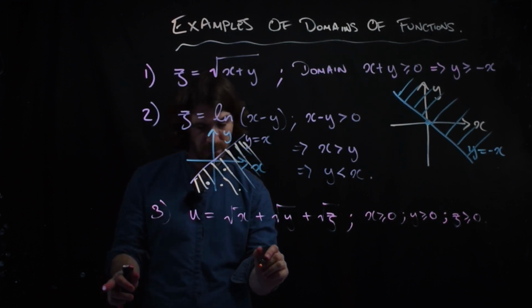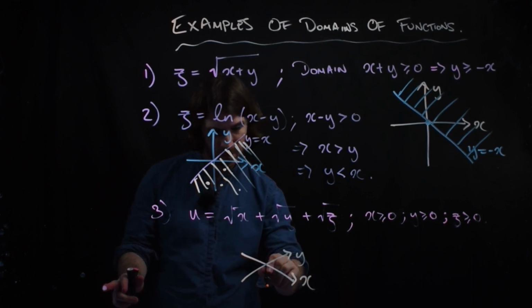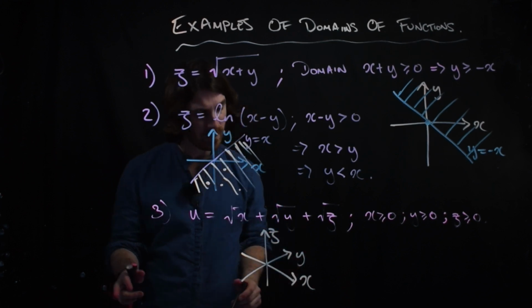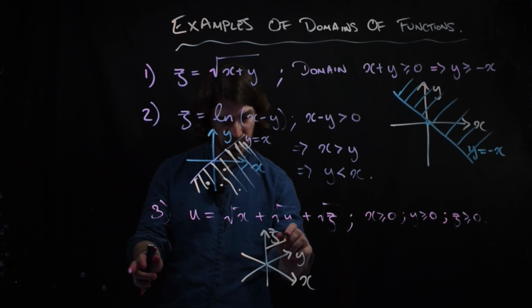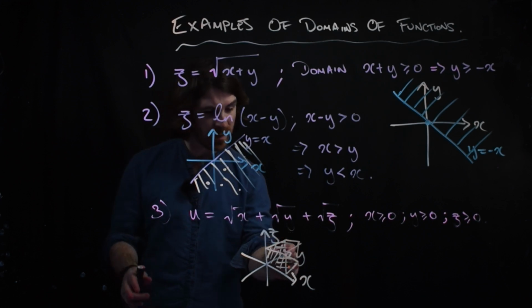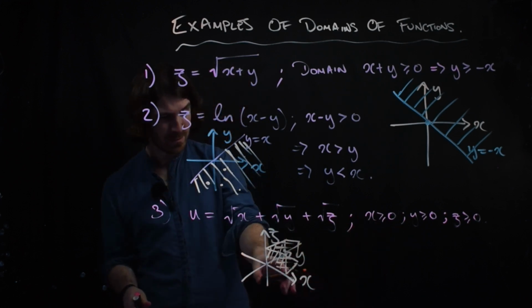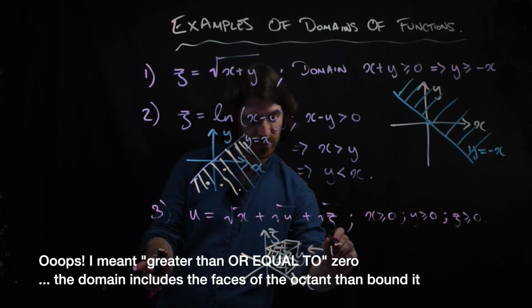So let's have x, y, and z. We're restricted to this octant here. So this is the zy plane, the zx plane, and the xy plane. So this is the first octant, extending to all x, all y, and all z greater than 0.